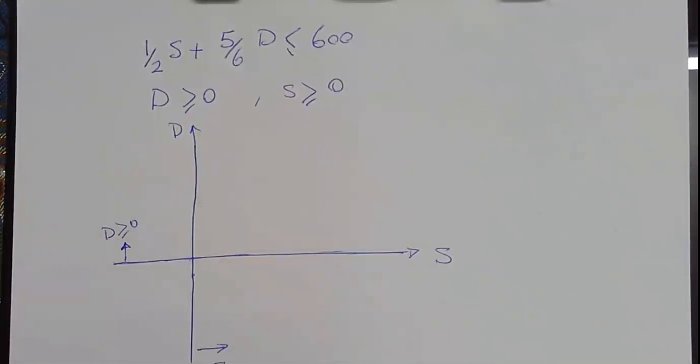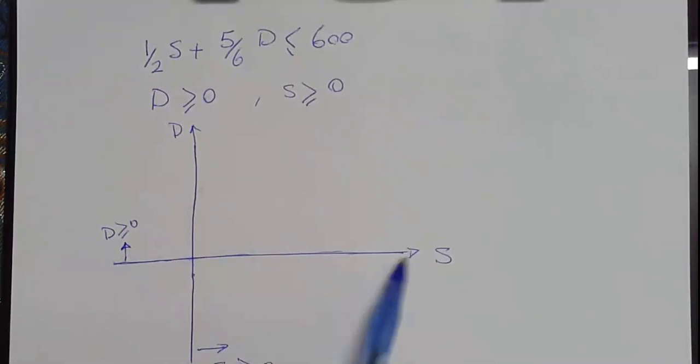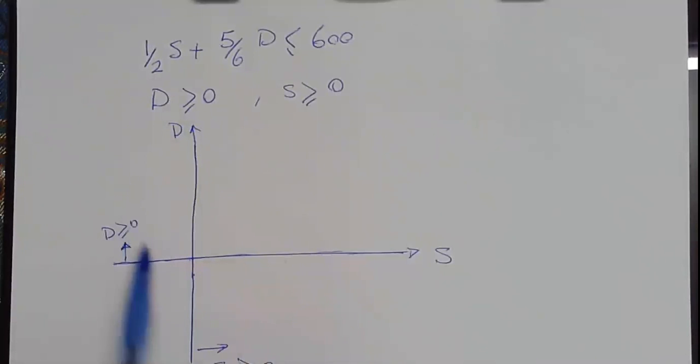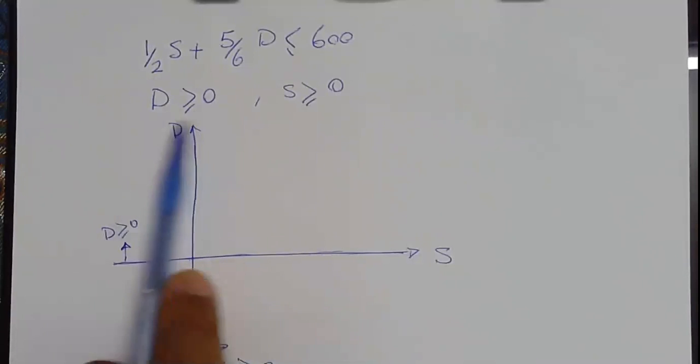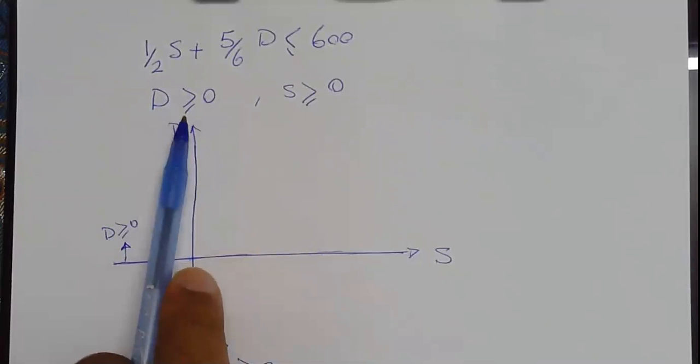So any point on the line or to the right of the line will be feasible, and any point to the left of this line would be infeasible with respect to this constraint. Any point on and above the horizontal line is feasible with respect to the D condition. Any point strictly below it is infeasible with respect to this constraint, right?